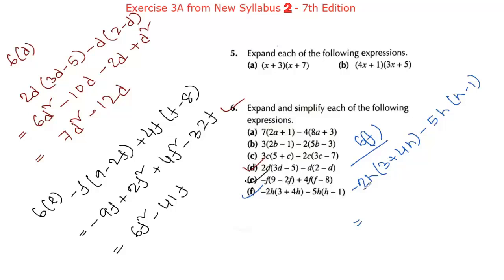So minus 2H into 3 will be minus 6H, minus into minus plus 4 2s are 8H squared, minus 5H into H will be minus 5H squared, minus into minus plus 5H. So right now 8 minus 5 will be 3H squared, minus 6H plus 5H will be minus H. And that is the solution of question number 6.